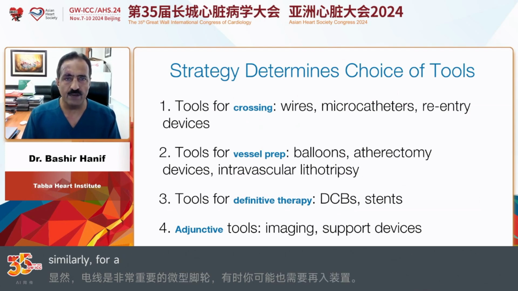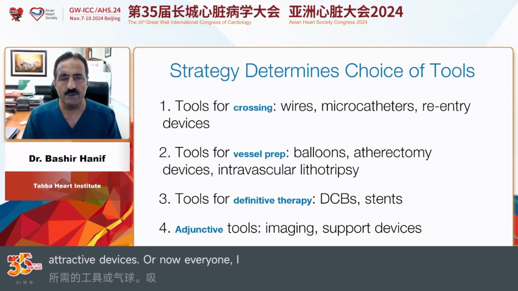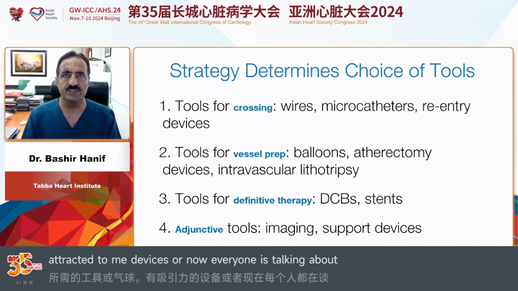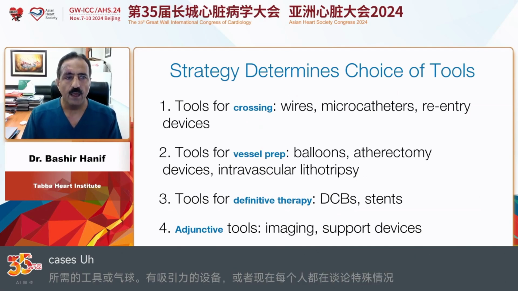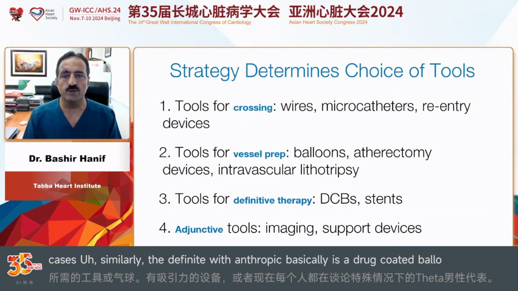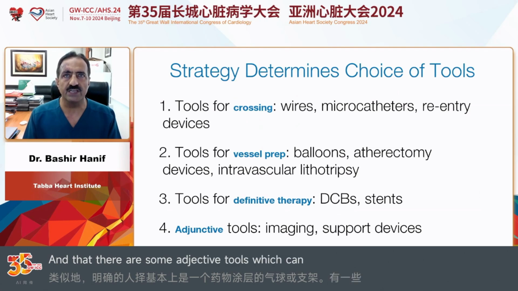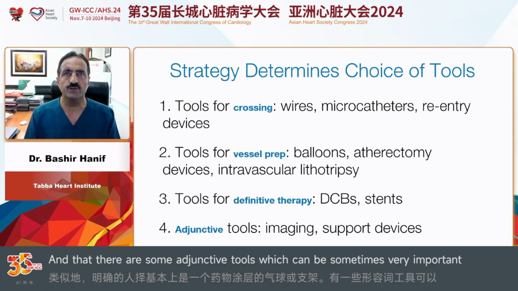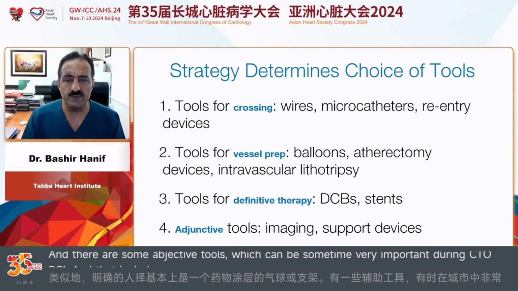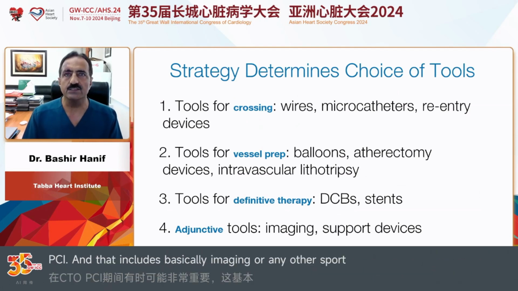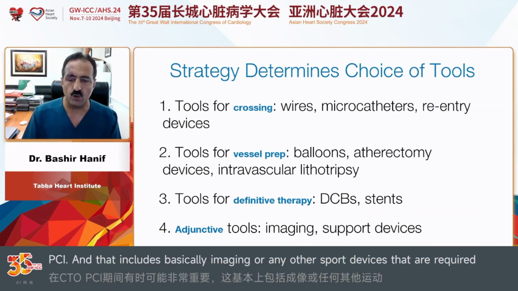Similarly, for vessel prep, the tools required are balloons, atherectomy devices, or, now that everyone is talking about it, intravascular lithotripsy in special cases. The definitive therapy is drug-coated balloons or stents, and there are some adjunctive tools, including imaging or other support devices.